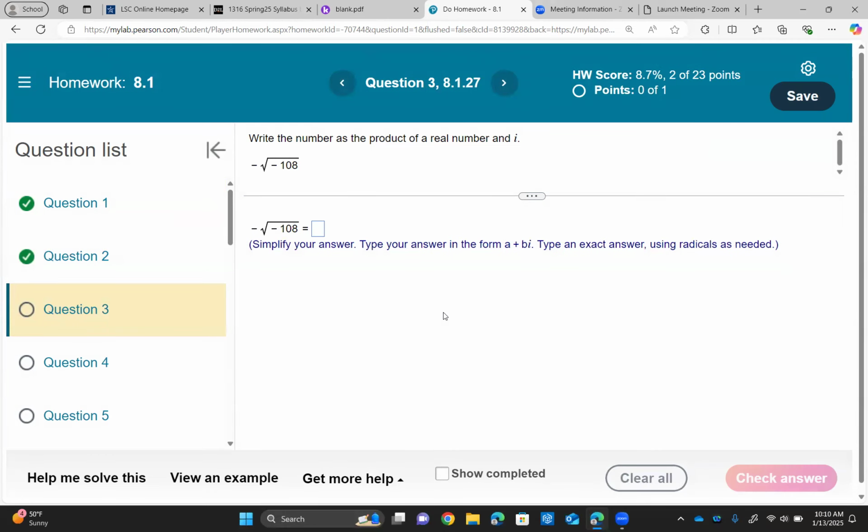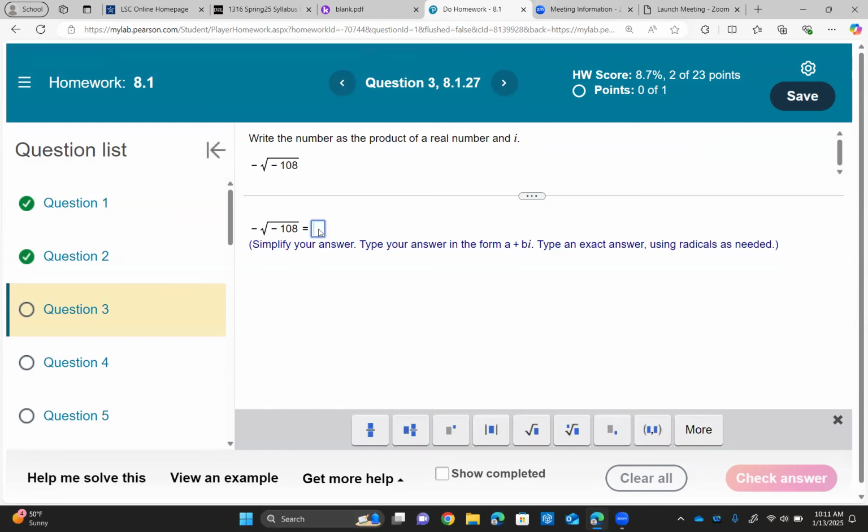For number 3, there are 2 negatives going on. The first negative has nothing to do with my simplification, so it comes with me wherever I go. And now for the negative sign inside the radical, I will get an i outside of the radical. And now I need to just simplify this number, the square root of 108. 108 is 36 times 3.